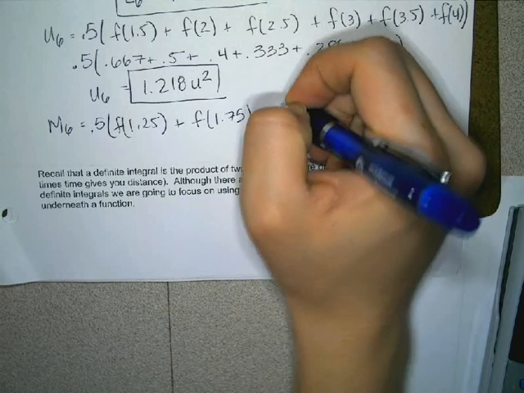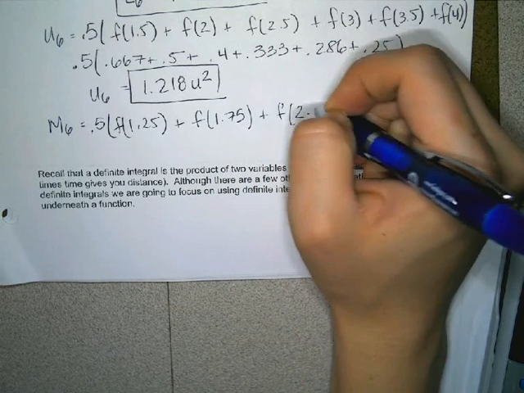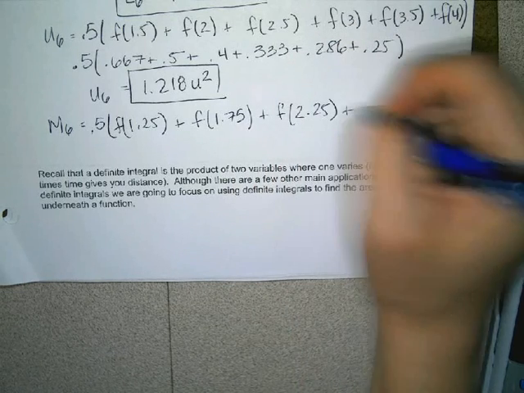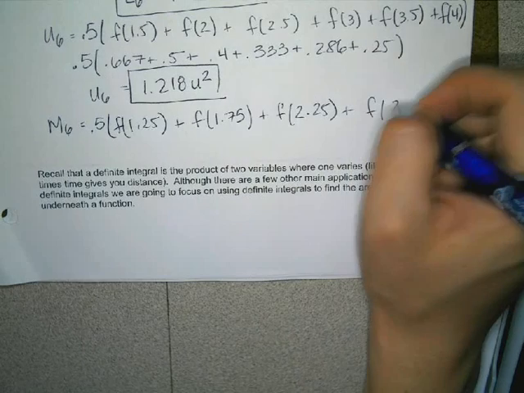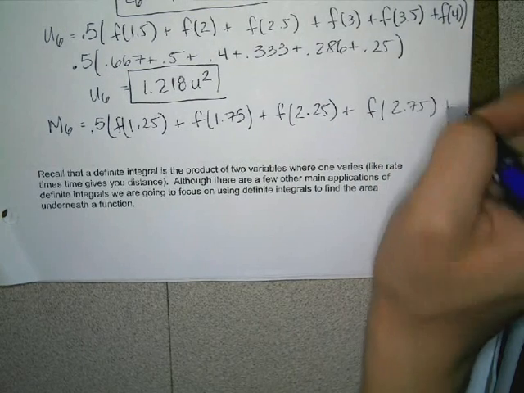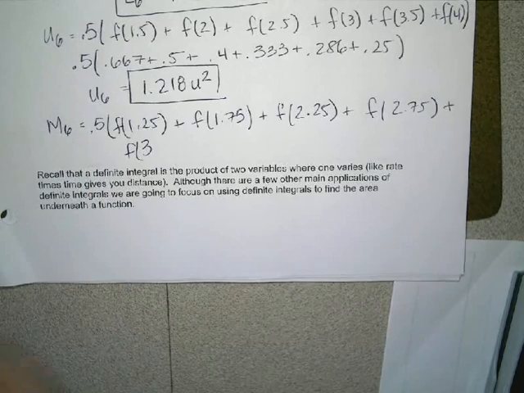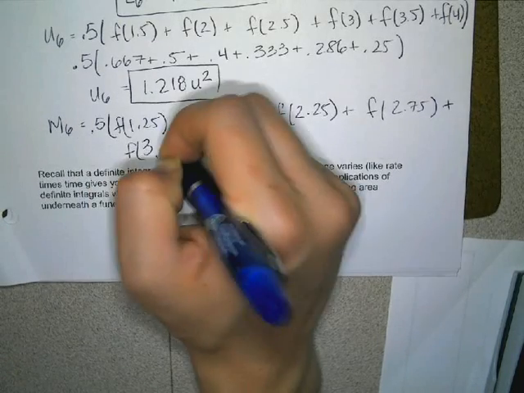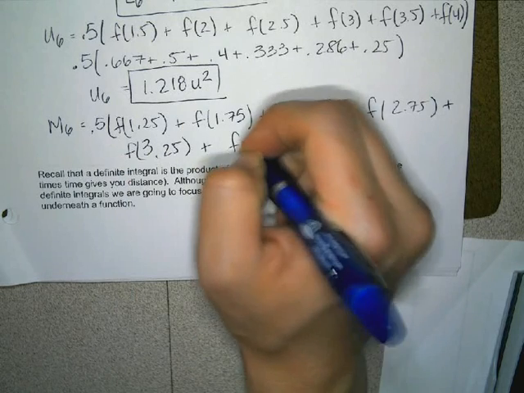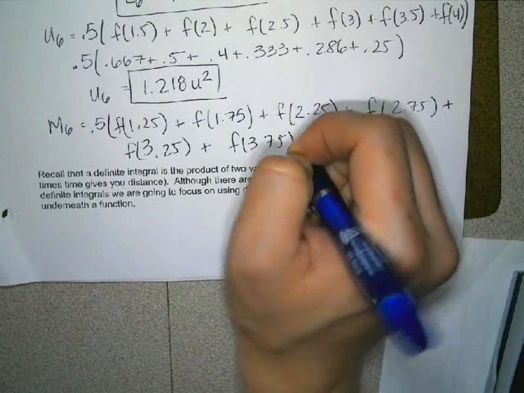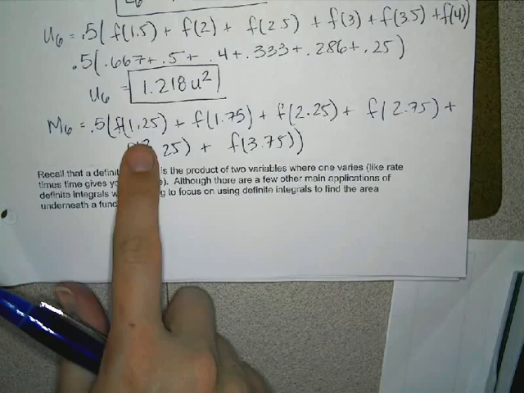And then 2.25, 2.75, 3.25, and 3.75 is our last one. Again, if you're not sure if you have them all, just count 1, 2, 3, 4, 5, 6.